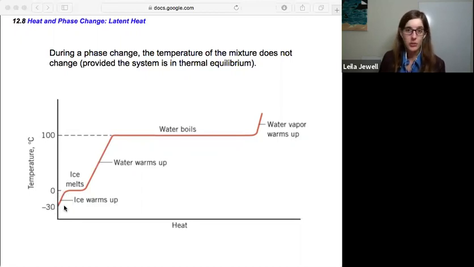So you can go either way on this. But the important thing to note here is we have temperature changes where the substance, whether it's solid, liquid, or gas, is purely one of those three, where the substance itself changes temperature. But when you have a mixture of solid and liquid or liquid and gas, it's not changing temperature at all.